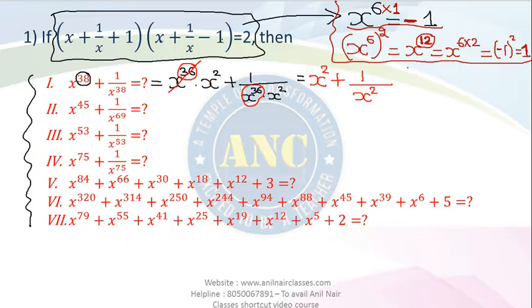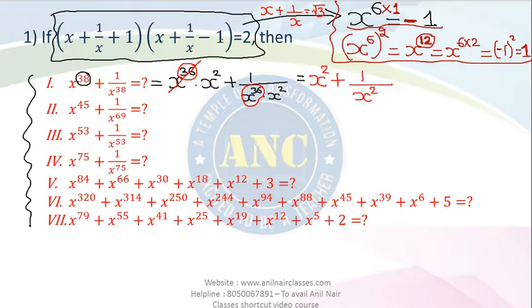That means basically they are asking you to find the value of x^2 + 1/x^2. But we also know that this if condition, (x + 1/x) into (x + 1/x minus 1) equal to 2, can also be expressed as x + 1/x is equal to root 3. All things are same.